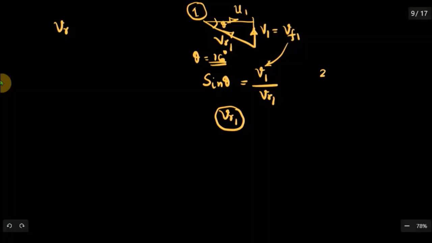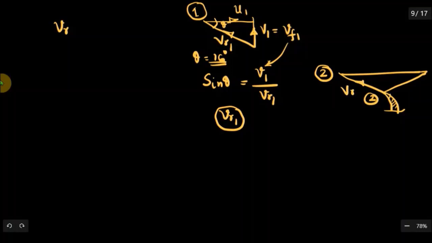Similarly, the outlet velocity triangle. See, the outlet velocity triangle is something like this. If you draw the triangle in a regular manner, it will be something like this.